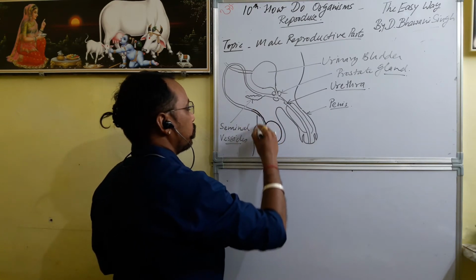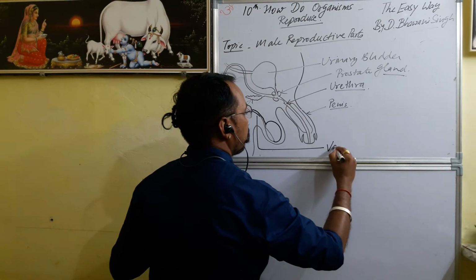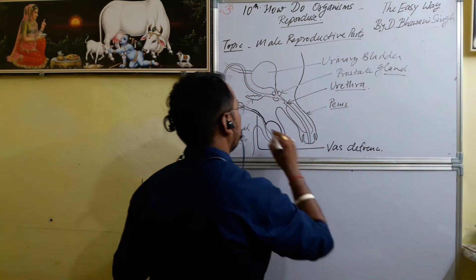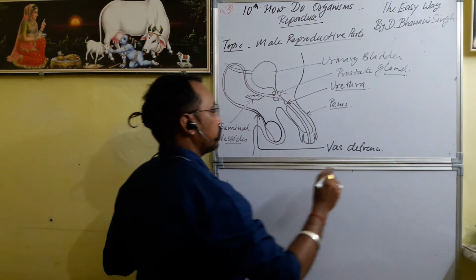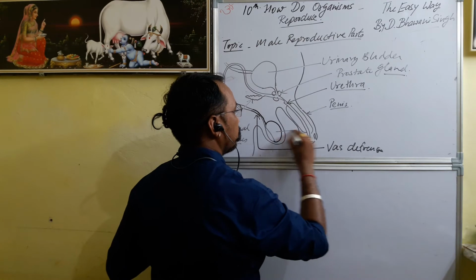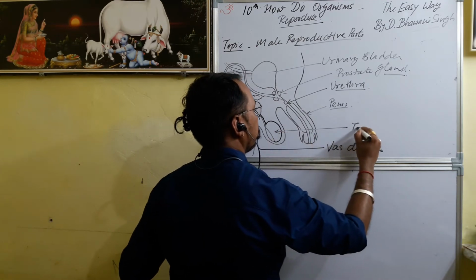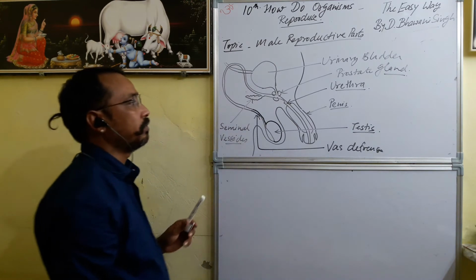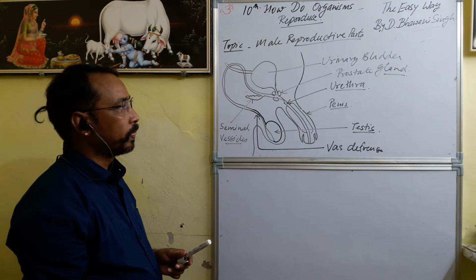This tube we call it vas deferens, and this is testis. I think in 2 minutes we have completed the diagram.